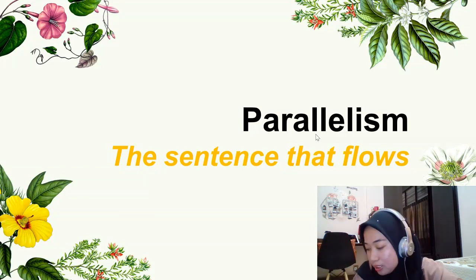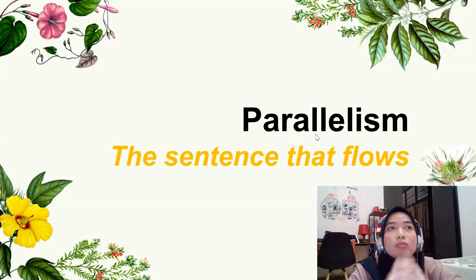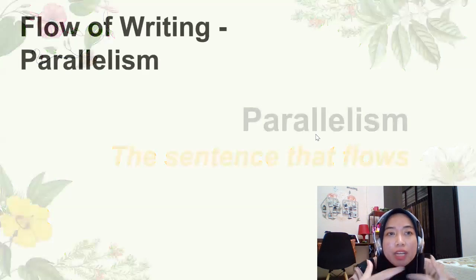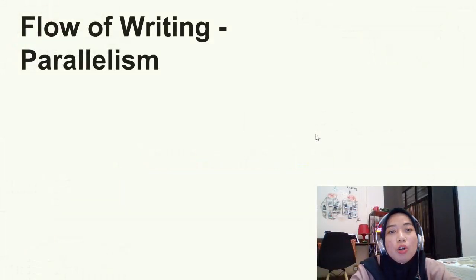Now, I want to take this opportunity to talk about the last subtopic that we want to cover today, which is parallelism. So basically, when we talk about parallelism, we're looking at sentences that are flowing, so the flow of a writing.